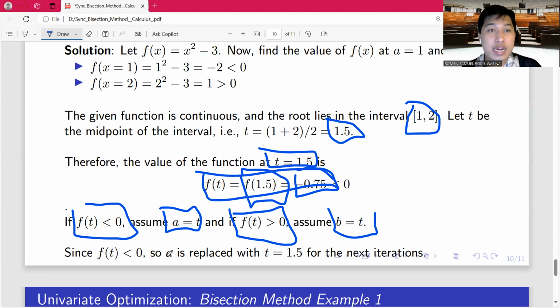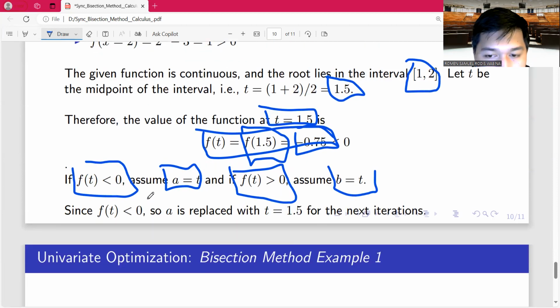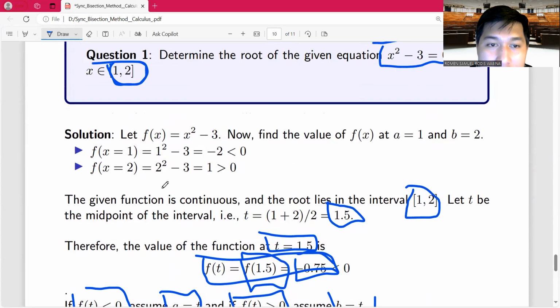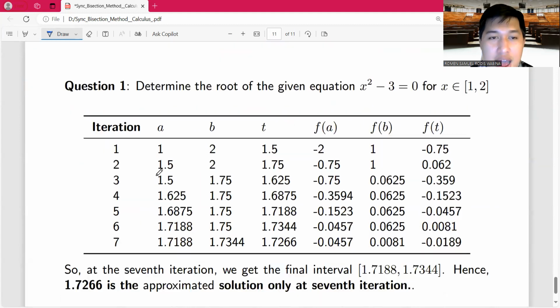And the value of b will still remain. Given that this is just an example for the first iteration, let's have a closer look at the full iteration.